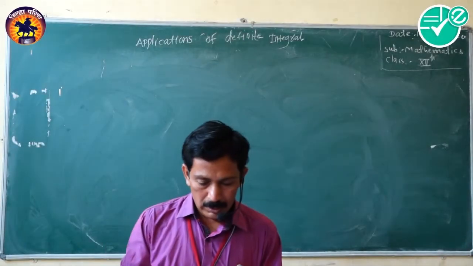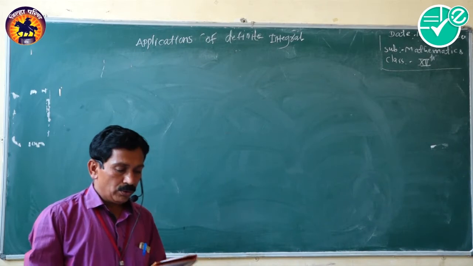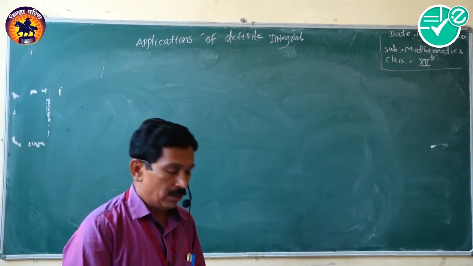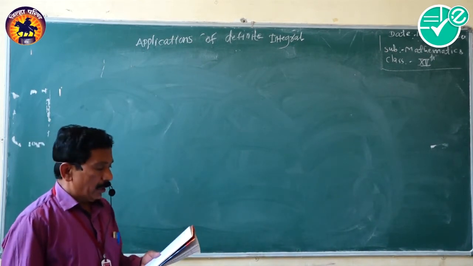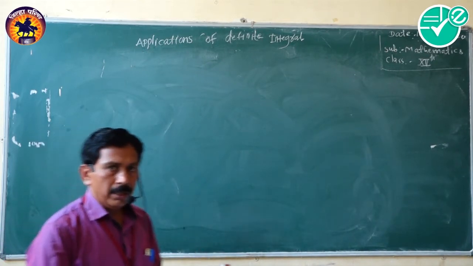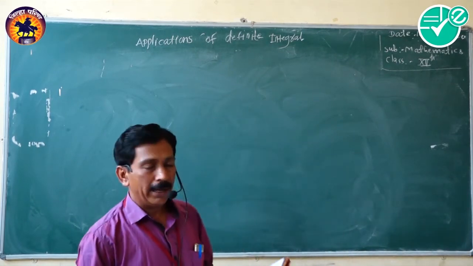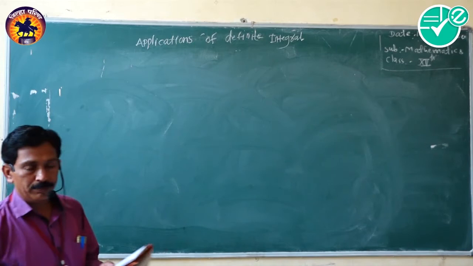Now, in this lecture, we are going to start applications of definite integrals. We have studied definite integrals. Now, we can use this definite integral to find the area under the curve.